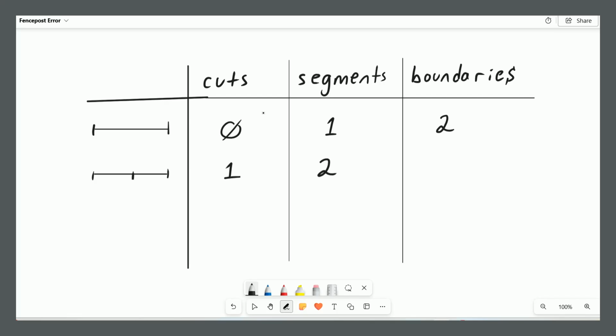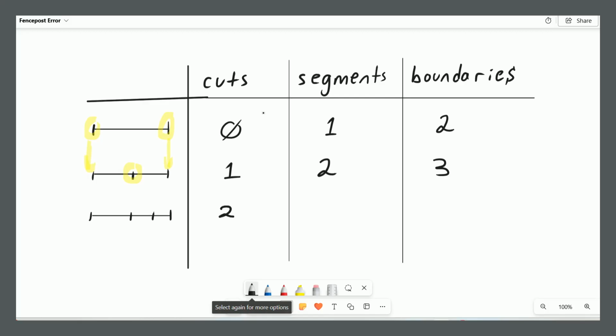Because the cut has to be through one of the segments, splitting it into 2. So now we have 1 more segment. And boundaries is now 3, because we have the 2 boundaries we started with, the beginning and the end, plus another one. Now, what happens when we create another cut?